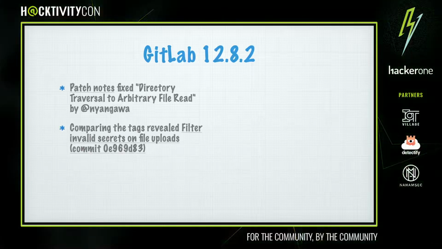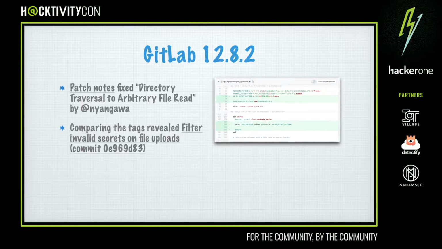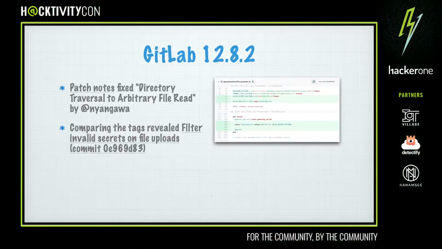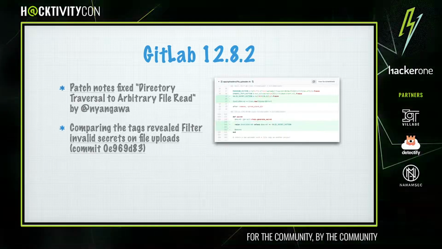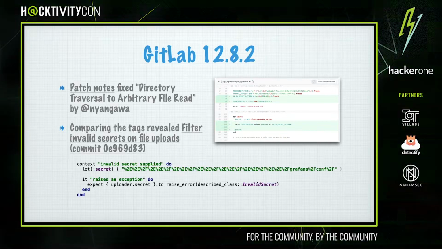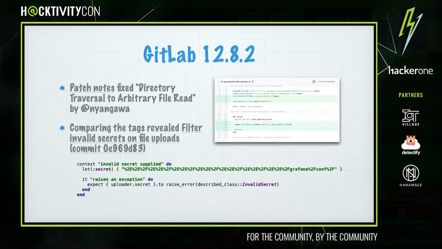So looking at the commit, the patch to fix this issue was pretty small. It just added some validation to a secret field on a file upload. Also with the patch, there were some pretty good test cases that were added and a few fixed, which gave a pretty good outline of how the issue could be reproduced.